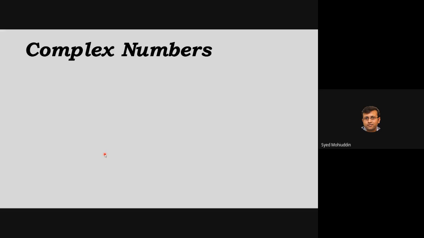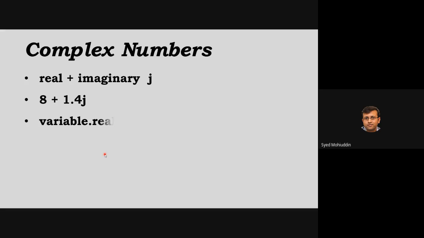Then we can also handle complex numbers, that is real plus imaginary part. We can write complex numbers as 8 plus 3j or 1.4j. Suppose we assign a variable, for example x equal to 8 plus 1.4j, then x.real will give us the result 8, and x.imag, the imaginary part, will give us 1.4.